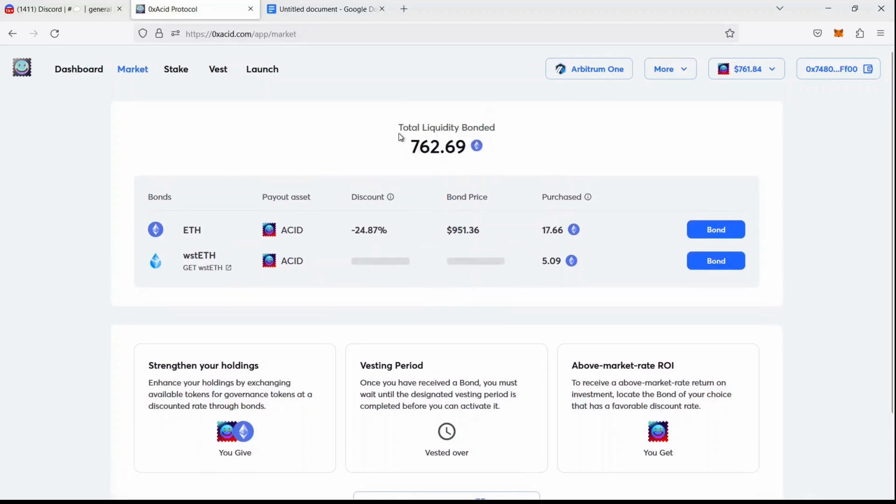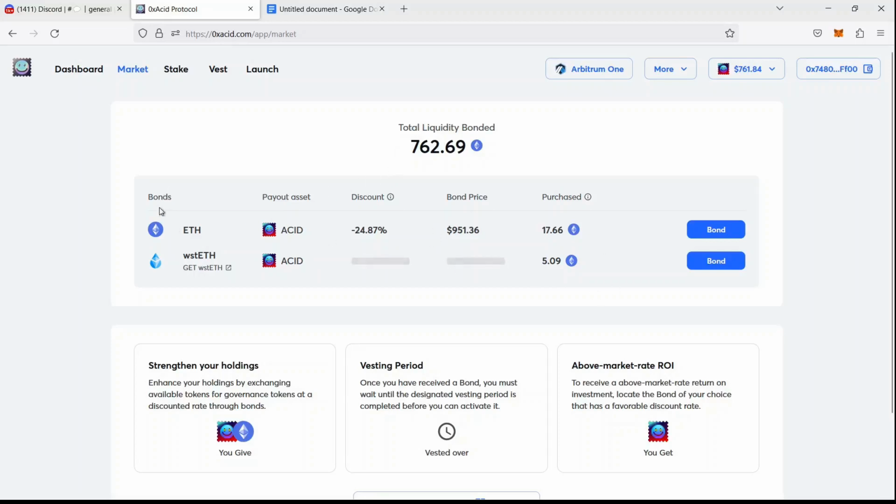First thing you see on this page is the total liquidity bonded. This number right here means how much capital the treasury have received from people purchasing asset through the bonding mechanism.